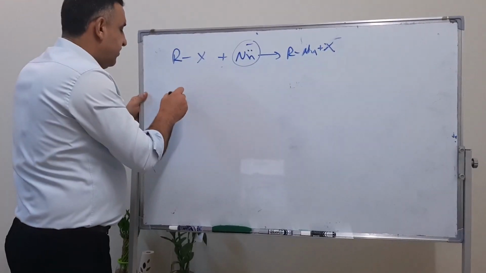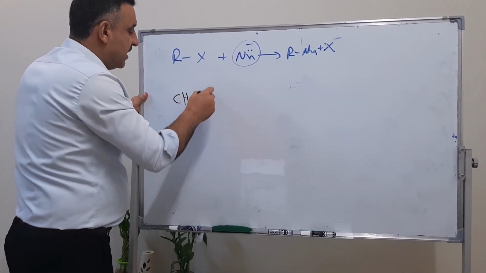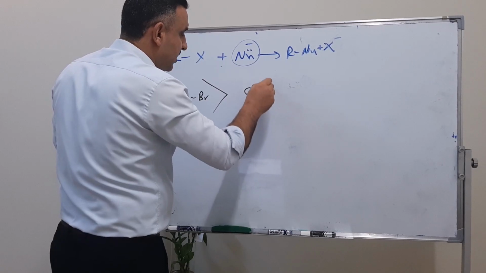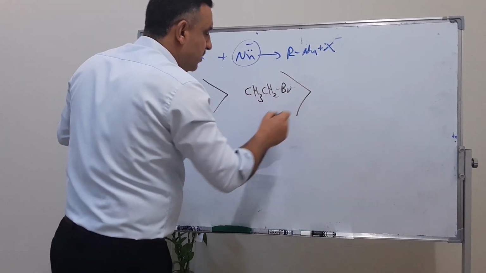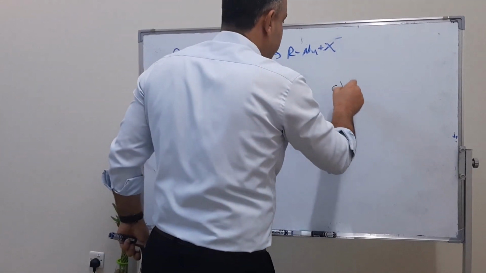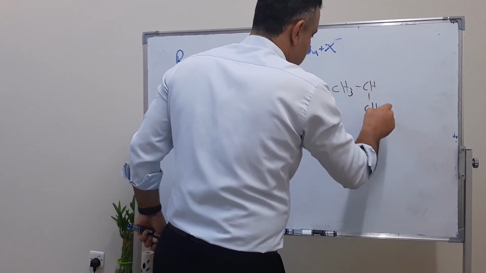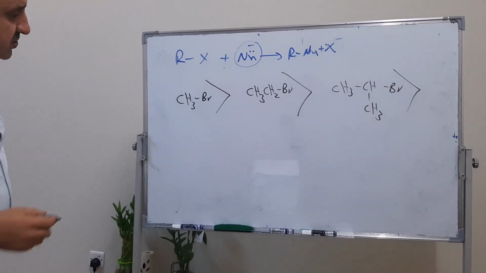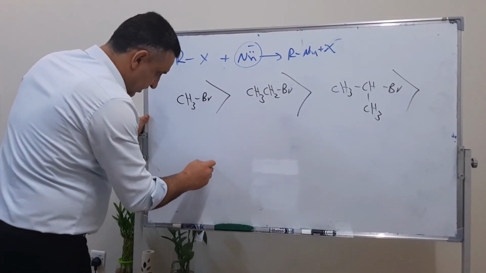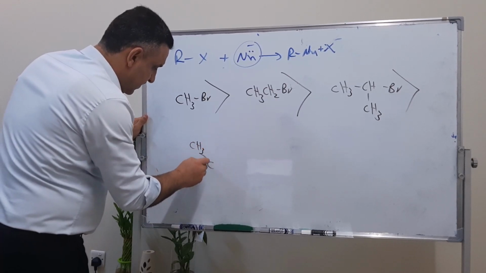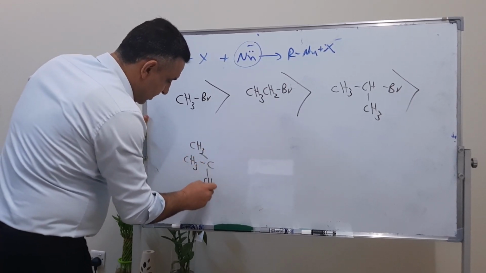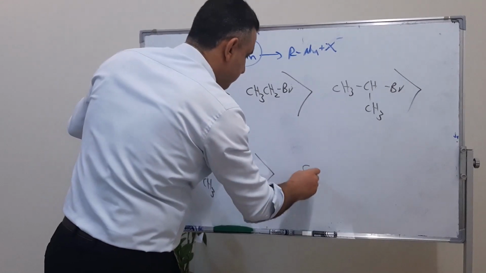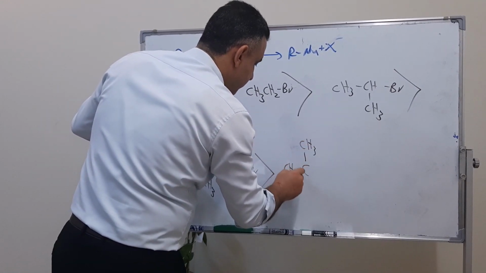So CH3Br, for example, will be much higher in reactivity compared to CH3CH2Br, and this will be higher in reactivity compared to the secondary and then the neopentyl.